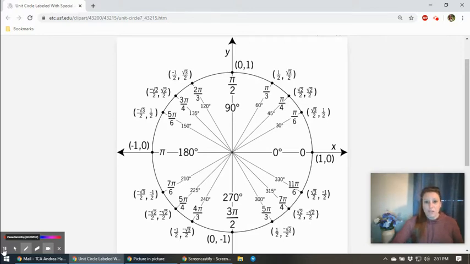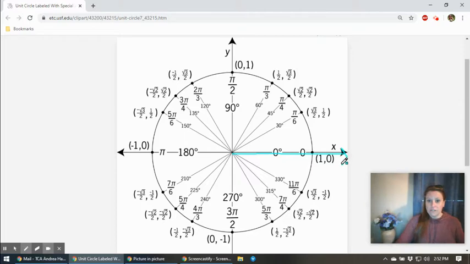So I've pulled up here an example of a unit circle that's been completely filled in. You'll notice the angles in degrees are all labeled all the way around the unit circle, as well as the radians. If you remember from before, angles in standard position have their initial side along the positive x-axis here.